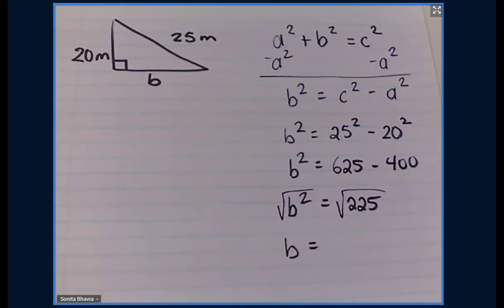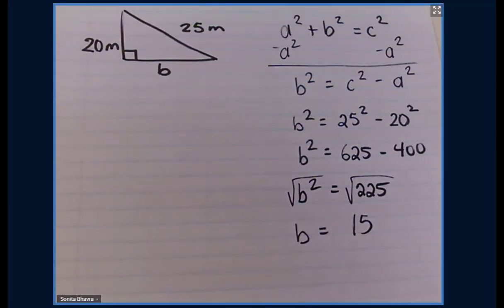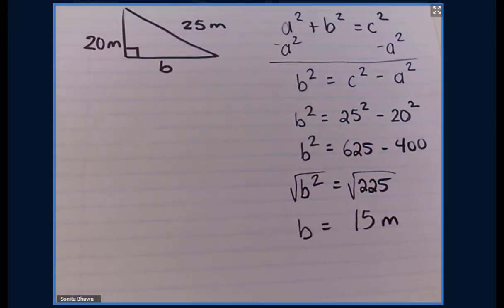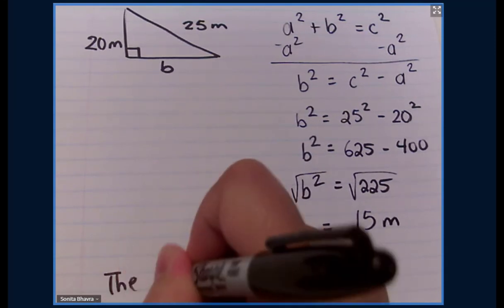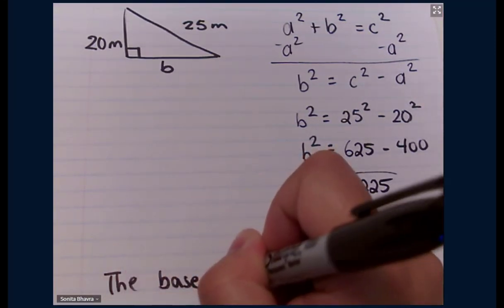The square root of 225 is equal to 15. Last is our final sentence. This is not a word problem, so we can leave it as 15 meters, or we can write our sentence that the base is 15 meters.